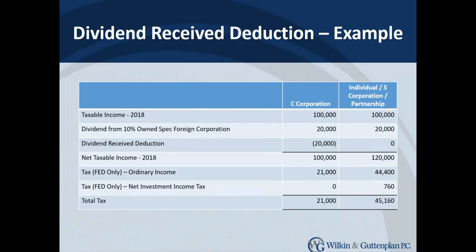I have my same $100,000, I have my same $20,000 of foreign source dividend, but now you see on that third line, I have a dividends received deduction of $20,000, making my taxable income $100,000. On that, I use my new lower C corp rate of 21%, no net investment income tax for a corporation, and I get to a tax burden of $21,000.